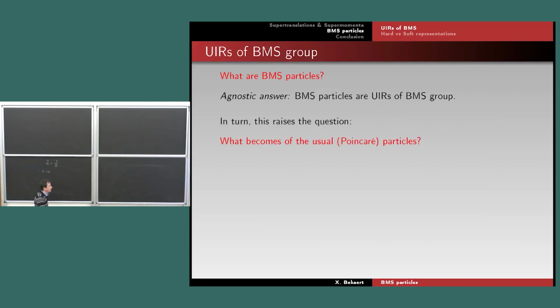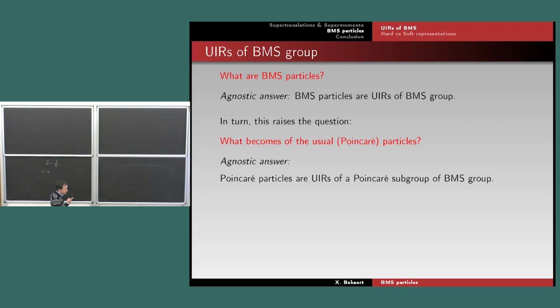And related to this group theoretical point of view, you should also ask yourself, what then are the usual Poincaré particles? The answer is in terms of the branching rules of the BMS group when you restrict the BMS group to the Poincaré subgroup. This is how you will recover the usual Poincaré particles.